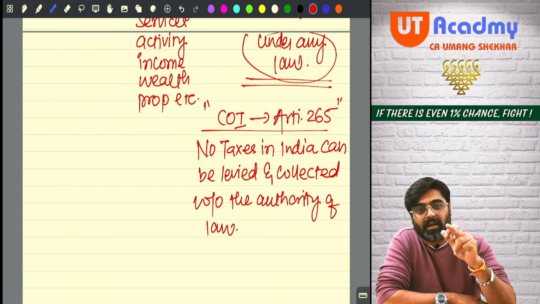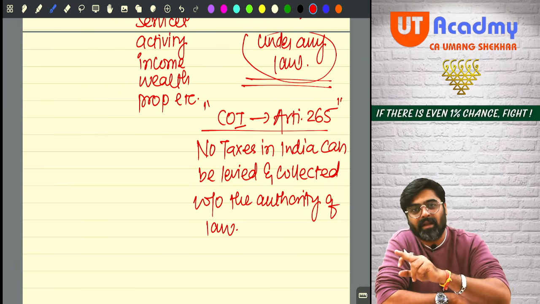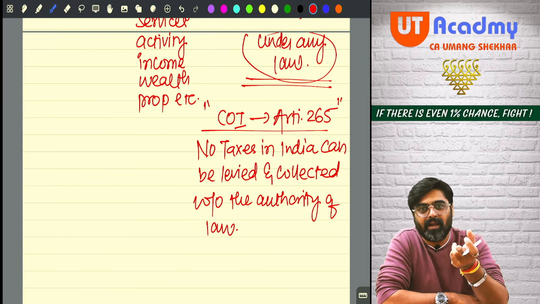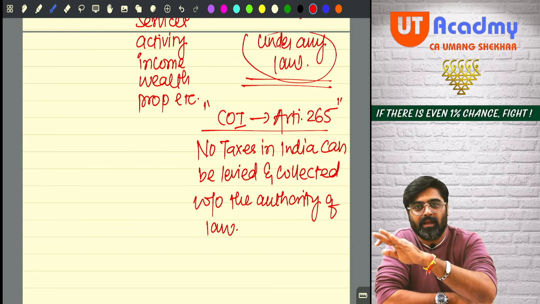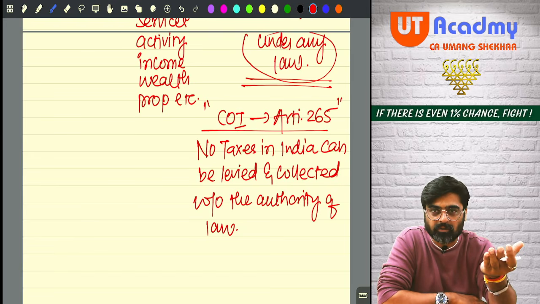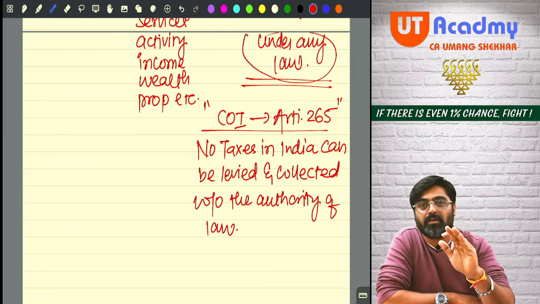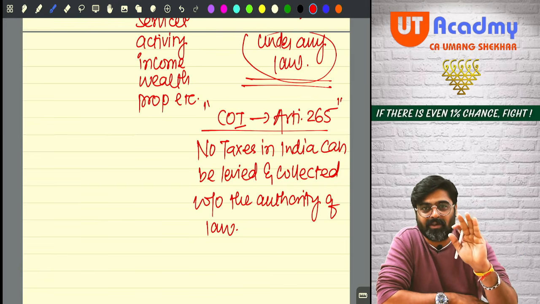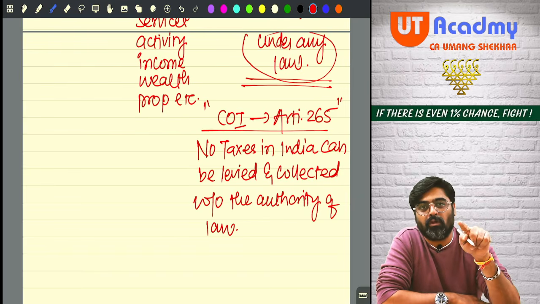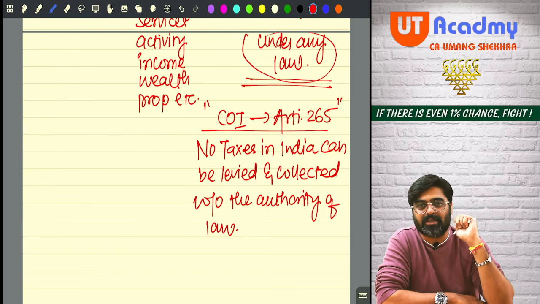See, to make the nation run, to make the country run smoothly, the governments are given powers also, but those powers are to be used responsibly. Okay, so the governments are also put in some restriction.